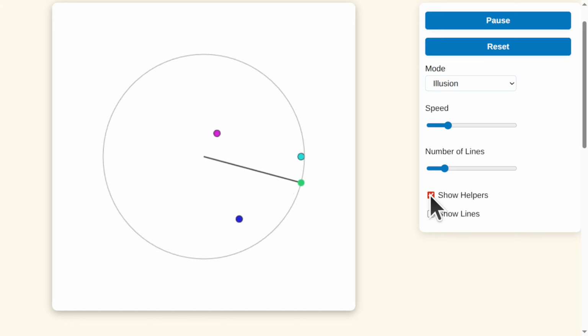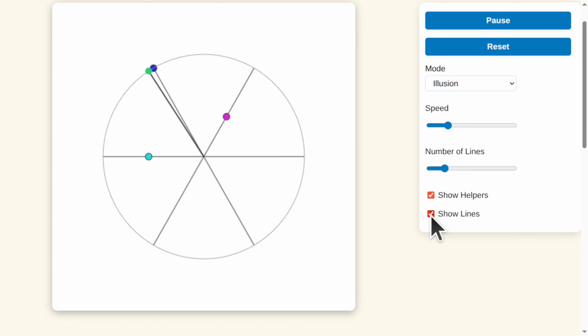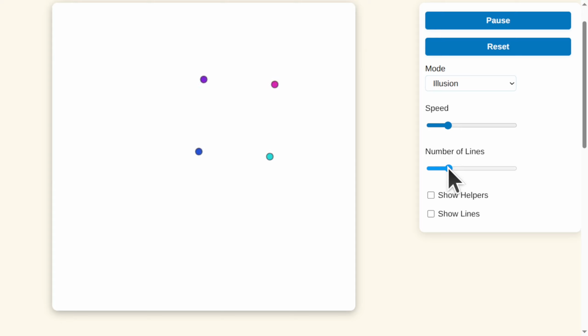This line serves as a visual aid. It helps illustrate that the green dot is actually rotating along the circle's edge, and the purple dot is moving along a straight line, which is a projection of the green dot's position onto the horizontal axis, passing through the center of the circle. This might change your perception from seeing the purple dot moving randomly to understanding its relation to the circular movement of the green dot.